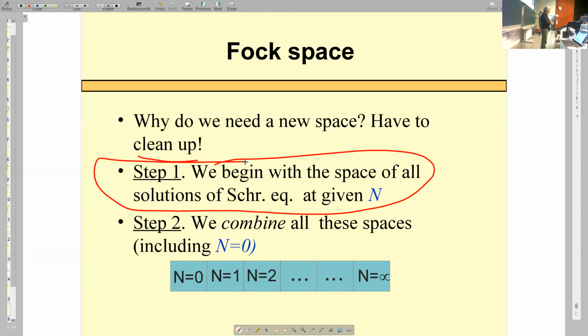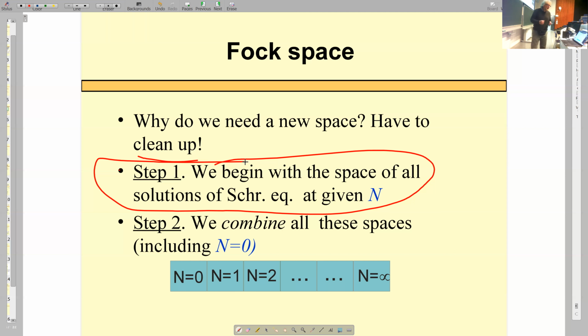But first, there was a rather instructive idea of Fock. He said, why don't we combine them all? What the hell is the difference if the system contains 100 particles or 101? Perhaps we have to put it in the same space. That's what he did.